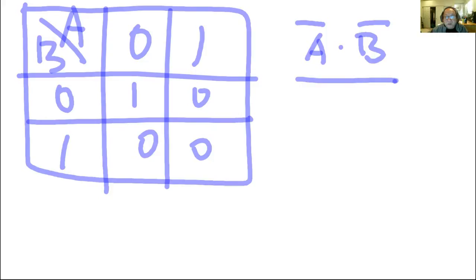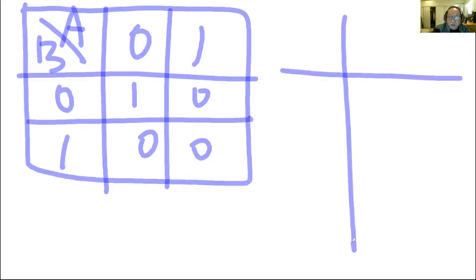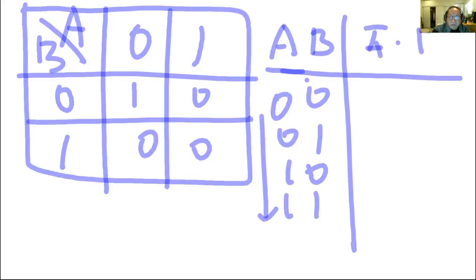The other way to do a truth table is the list down method. You have A and B: 0, 0, 0, 1, 1, 0, 1, 1, using the numerical way, and then A bar, B bar, and you get 1, 0, 0, 0.